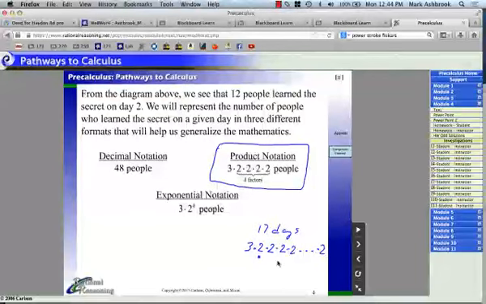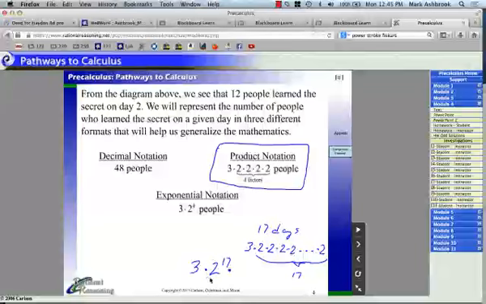So we could do that, but we don't want to write that, 17 twos together. So we have an exponent to save us. All the exponent does is just give us a short way to write this, right? It'd be 3 times 2 to the 17th.